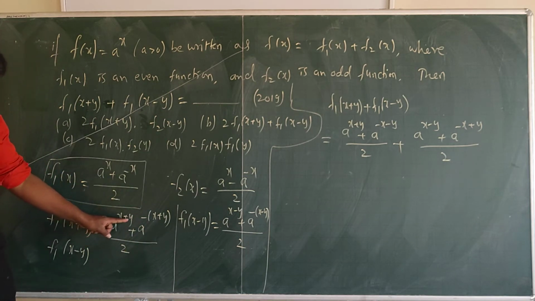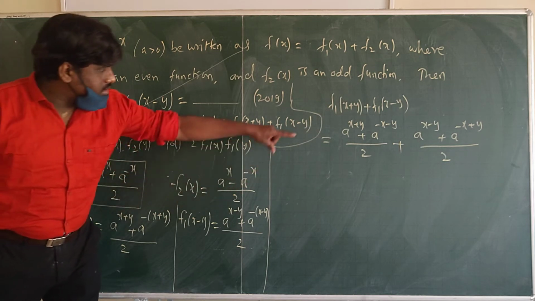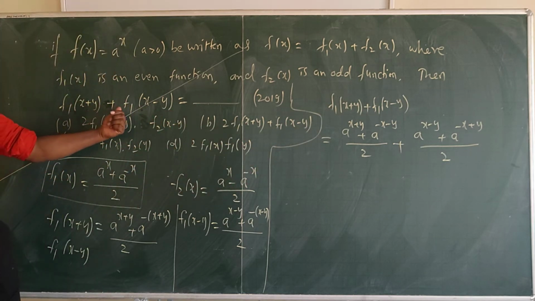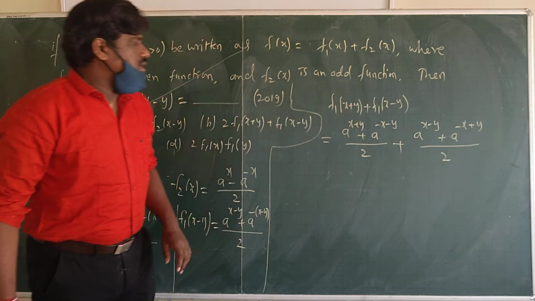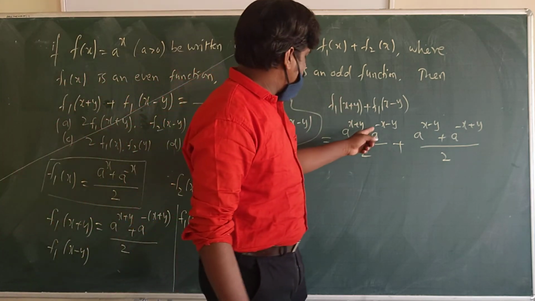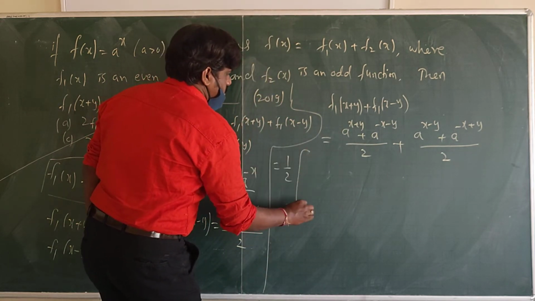Did you understand what I did here? I added this and this, because I need f1(x+y) plus f1(x-y). Thereafter I will take 1/2 out common.